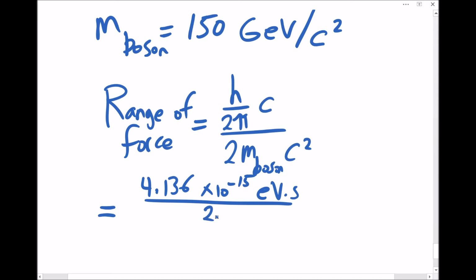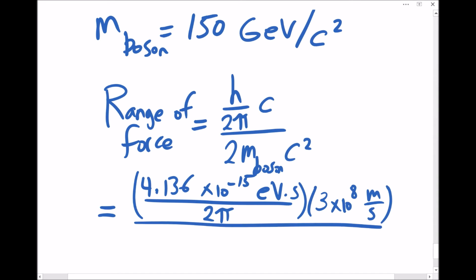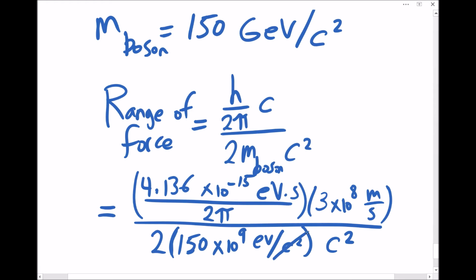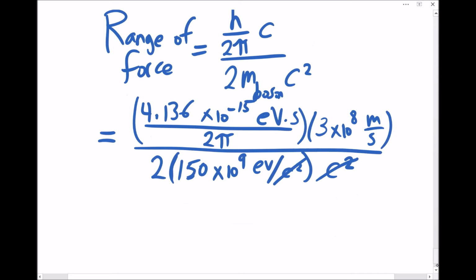Divide that by 2 pi, multiplied by the speed of light, 3 times 10 to the 8 meters per second. All divided by 2 times the mass of the boson, 150 giga times 10 to the 9 electron volts per the speed of light squared, times the speed of light squared.